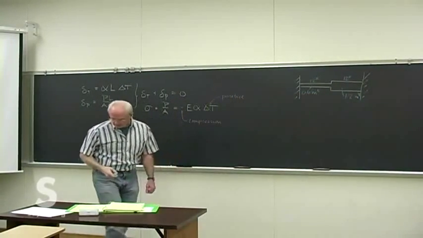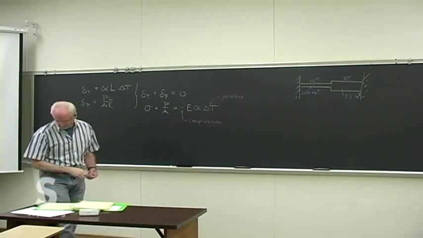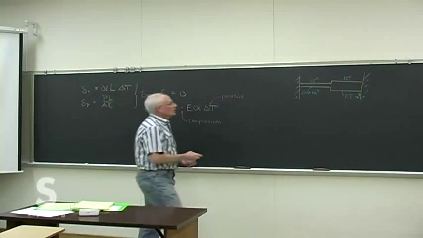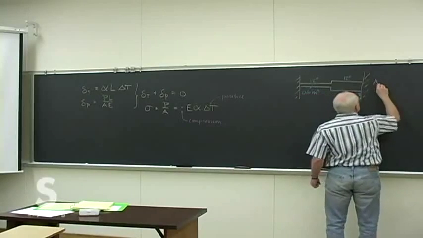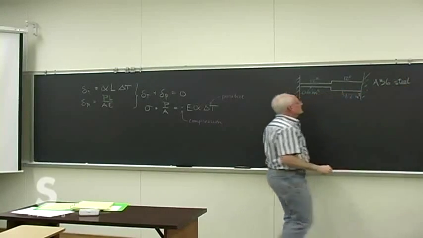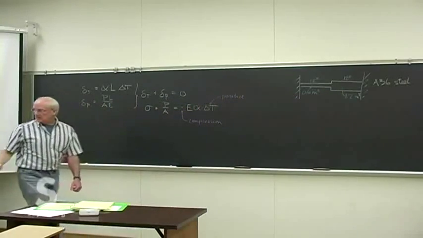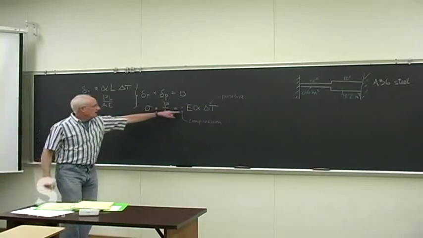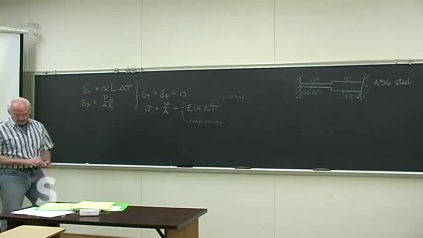So that's the areas already given there. And we'll use A36 structural steel. And that just means that in the book you can get E and alpha for that material right out of there.